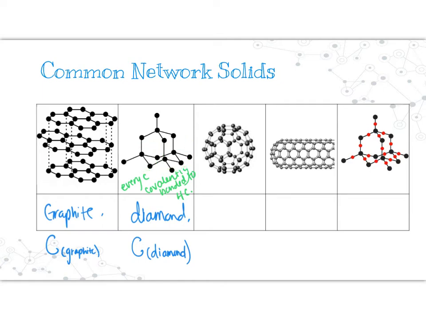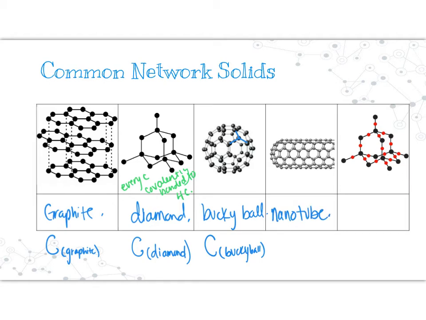Over here we have a buckyball. Each carbon is actually connected to 3 carbons here. And they wrap around in a big circle, if you will, or a sphere. So see buckyball. And this is a nanotube.